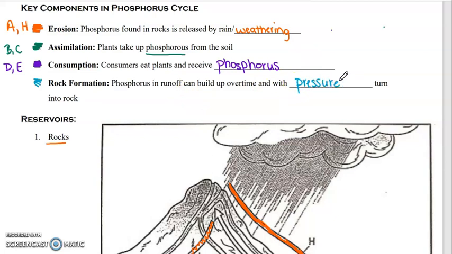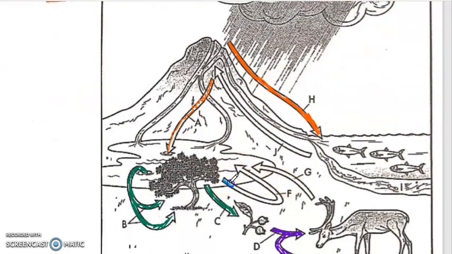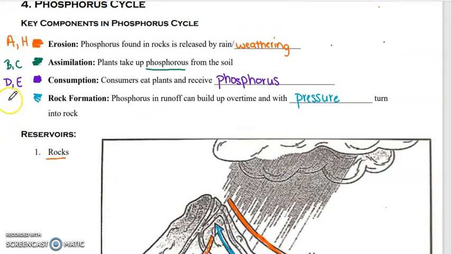So eventually, as those sediments recompile and have pressure forcing them together, we can get back to our rock formation. This step would take a significantly longer period of time than the others, but we are going to represent many arrows showing that. So arrow F showing how the phosphorus is returning back to the water, maybe same thing with G, and then J representing how it's going to go back up and be part of that mountain again. So we can say F, G, and J.